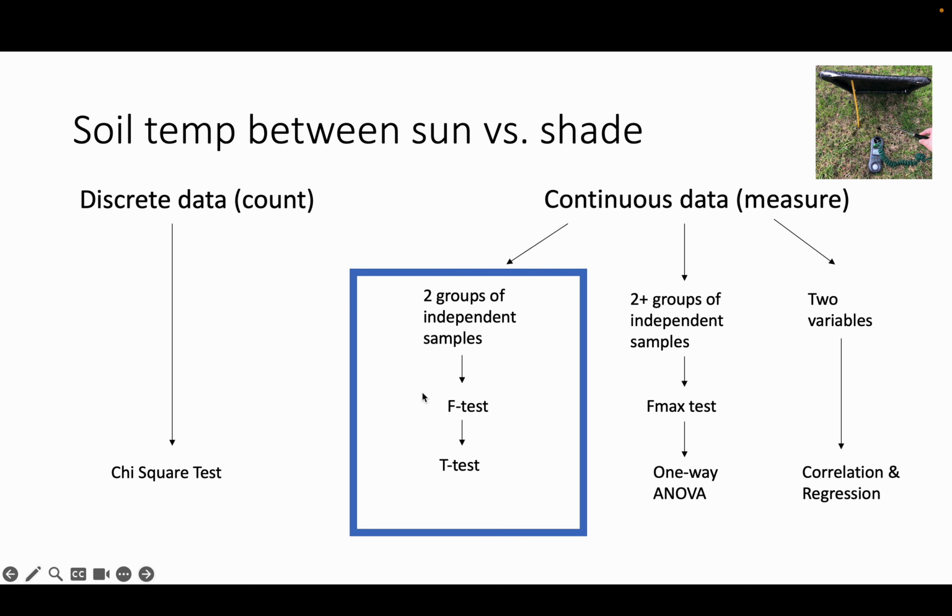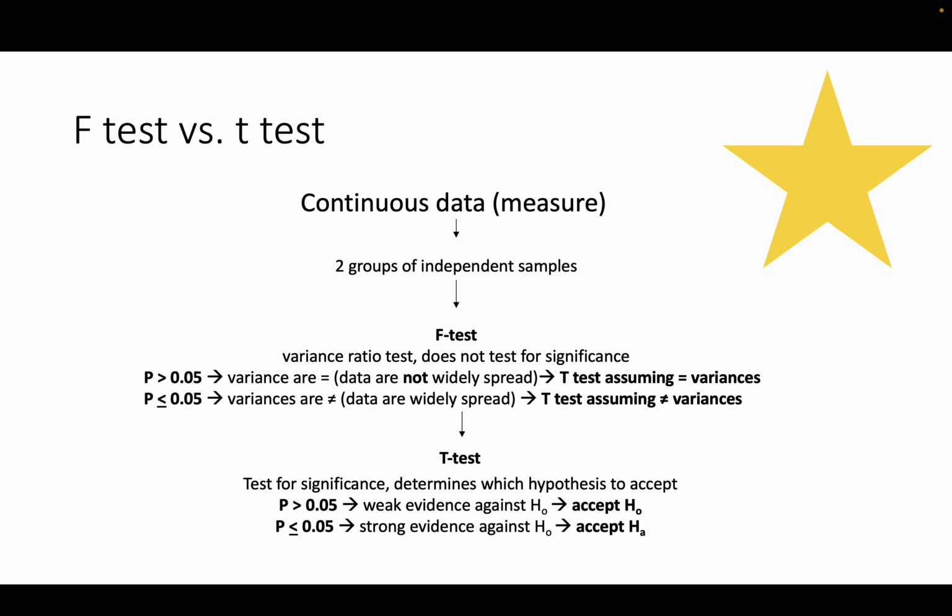So essentially, you would be performing the t-test. Now, before you can actually perform the t-test, you have to perform the f-test. The f-test needs to be conducted before the t-test is performed. When you perform the f-test, you're going to get a p-value as well.